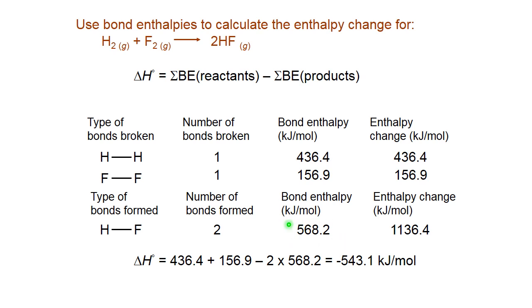Each of them has this energy. So total delta H will be this and this, minus 2 times the new bond energy, and the result is negative, so the reaction is exothermic.